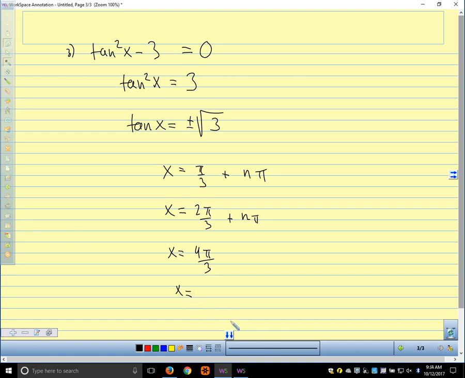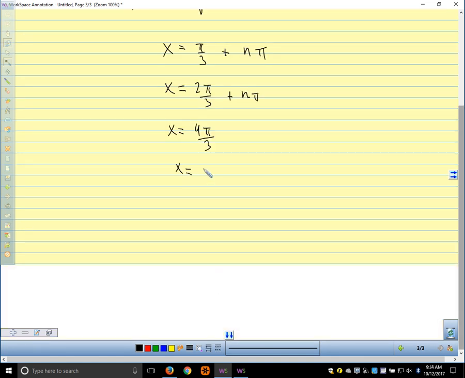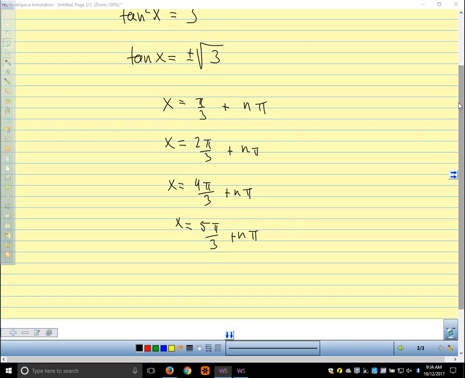And x equals 5 pi over 3. For problems like this, in the book, it would only list these two answers.